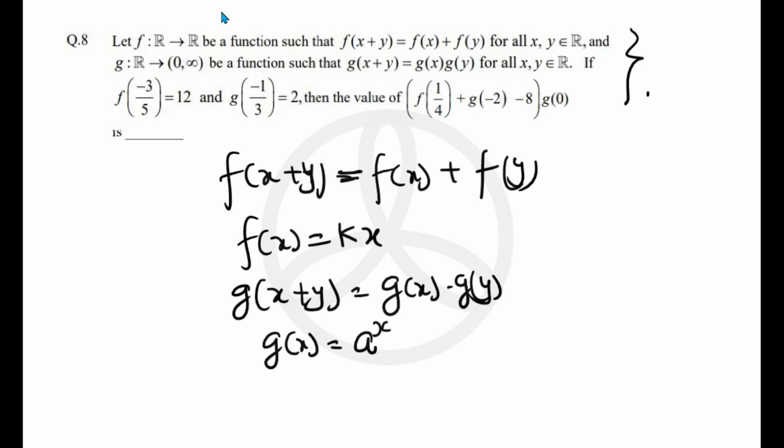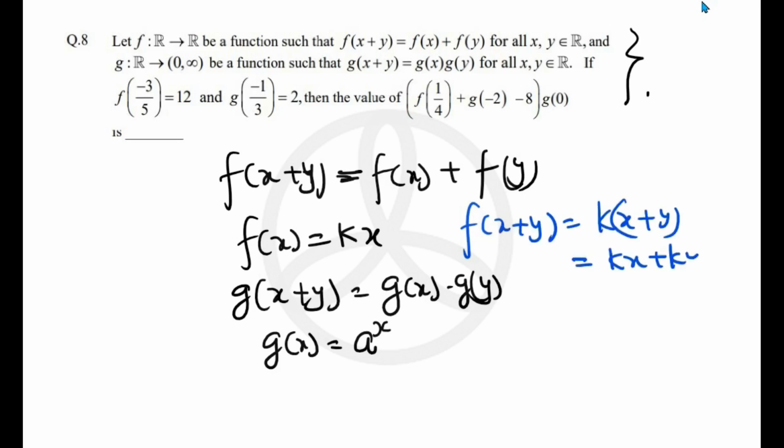Now, to check whether this is correct, we simply put x plus y in place of x, and we get k(x+y) is equal to kx plus ky, and we had written f(x) in place of kx, so we can write f(y) here.